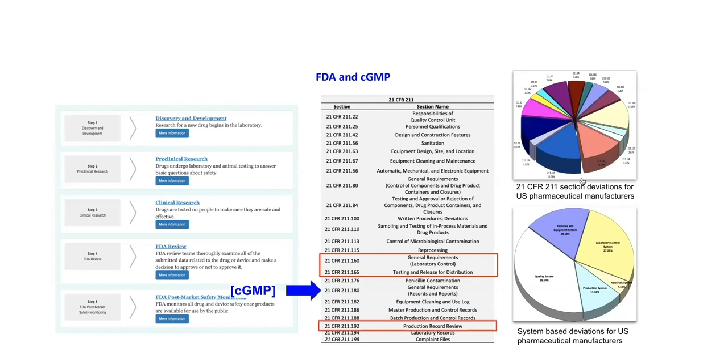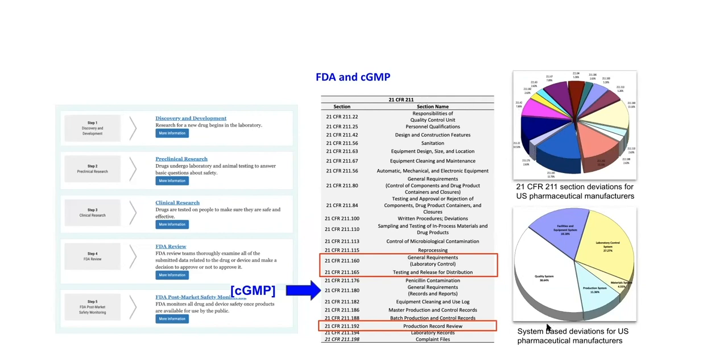If we take just the 21 CFR 211 section, which is the most related to manufacturing operations regarding laboratory control, production records reviews, and so on, in this pie chart we have the distribution of deviations found by the FDA only for the US pharmaceutical manufacturers, and how they are split between the different chapters of this regulatory guidance.